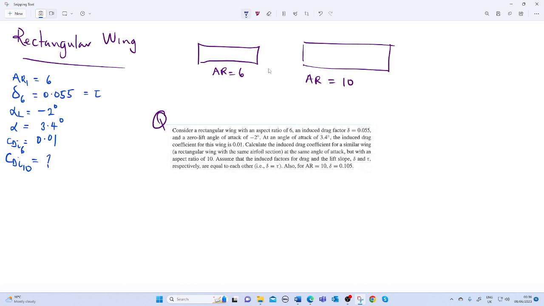We have to find the CDI for the 10 wing. The aspect ratio of the second wing equals 10, and the delta for 10, which equals tau for 10, equals 0.105.